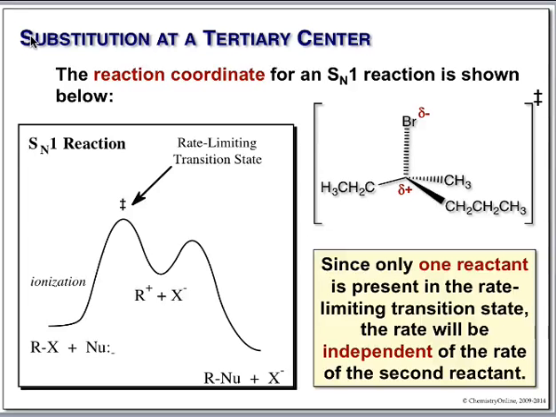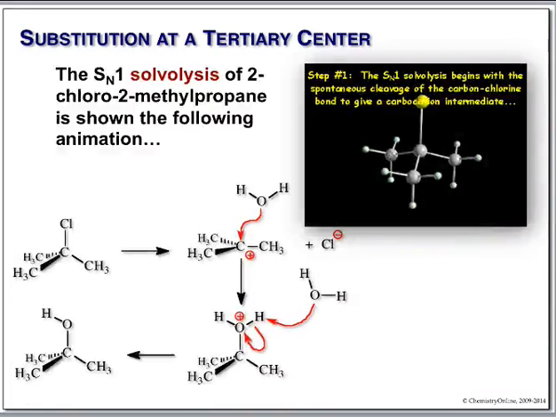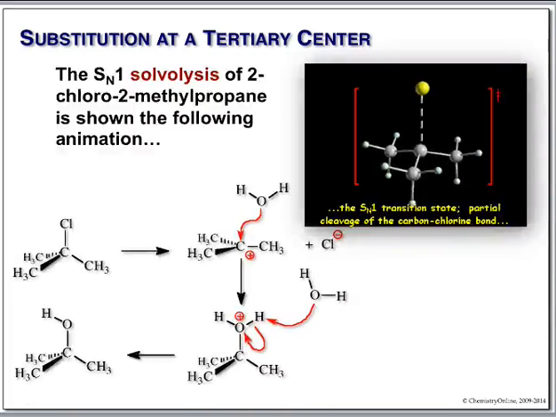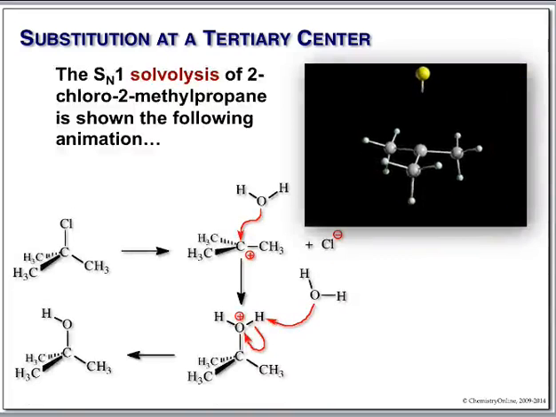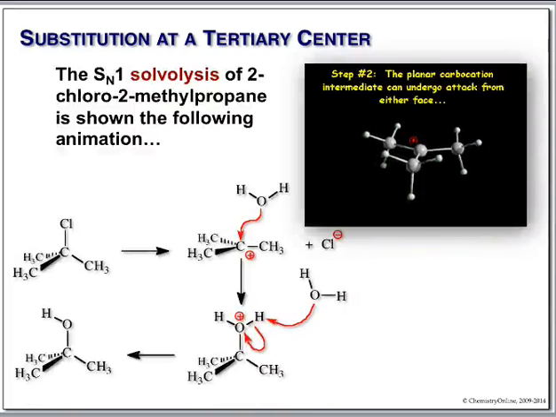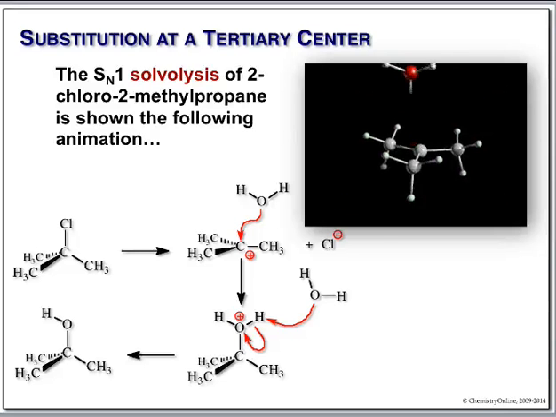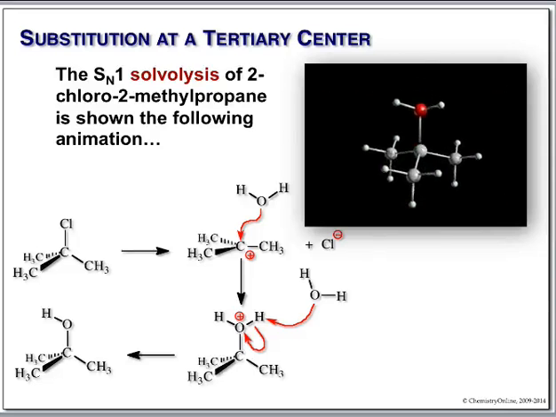Slow step, only one product. There it goes. Our slow step, we're simply going to spontaneously break this bond. When we do, we wind up with our planar carbocation. That can be attacked from the top or from the bottom to give our mixture of two products. Any questions?